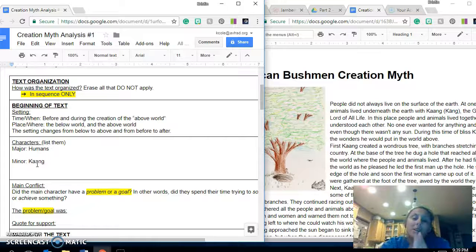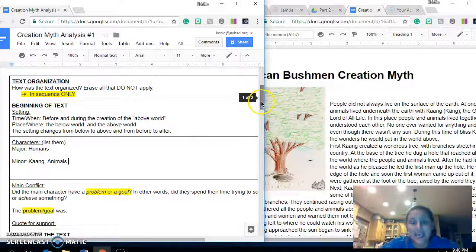I would say that he's not a major character simply because he's not the driving force of the story. The driving force of the story are the decisions that the humans make. So, minor character. And then I would say that the animals are also definitely minor characters in this story. You have to include them. They're not background. They are characters in the story.